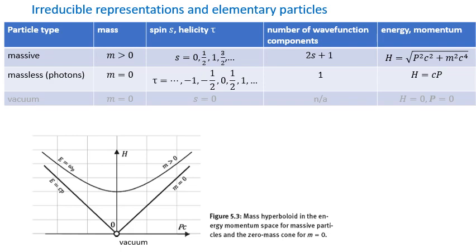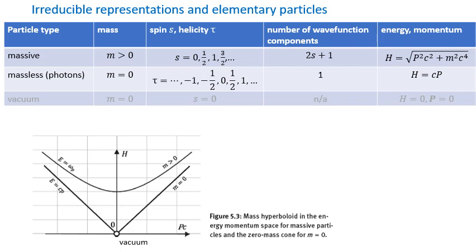Then there are massless particles, which are characterized not by spin but by helicity tau. Their energy is proportional to the momentum. Today we know only one massless particle, the photon. In Wigner's theory, the photon is not elementary.